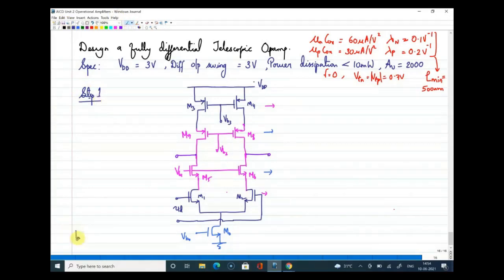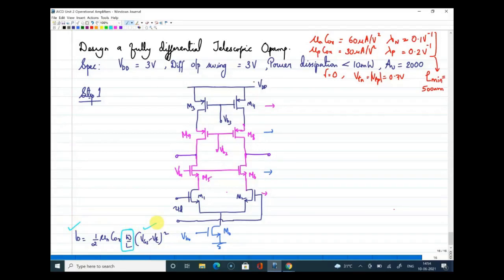The drain current we are assuming in saturation is half mu N Cox W by L into VGS minus VT the whole square for the NMOS device. So if you want to design W by L, we should know what is ID and what is VGS minus VT. These are the two steps we do.